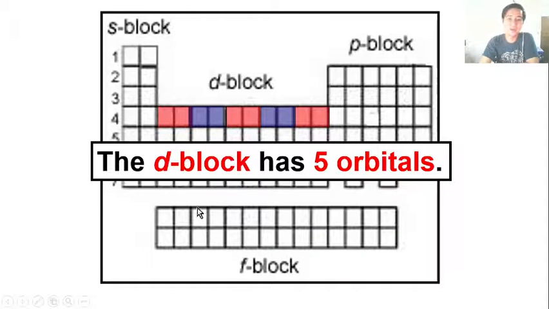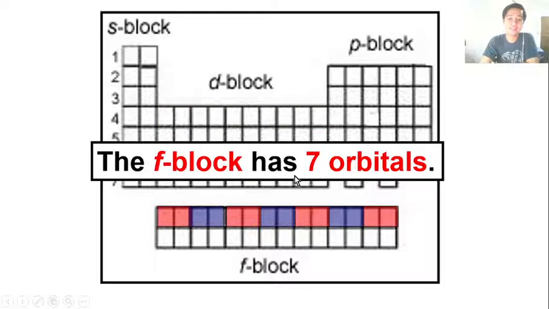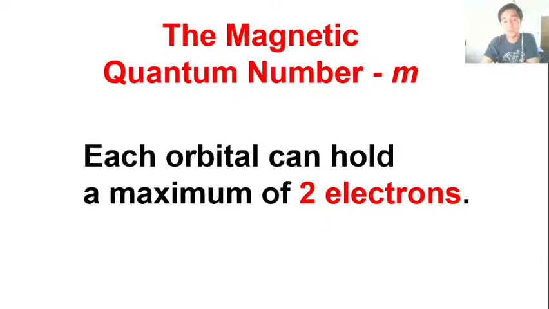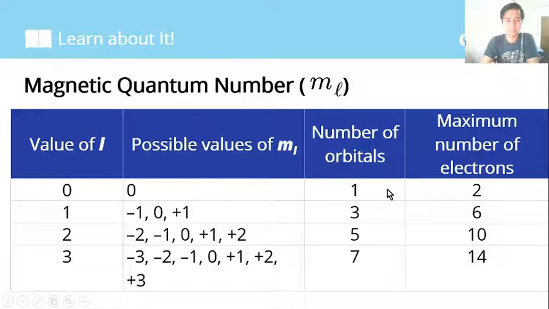While F orbital has 7 orbitals and a total of 14 electrons. A maximum of 14 electrons that F sublevel can hold. So do not forget that each orbital can hold a maximum of 2 electrons.